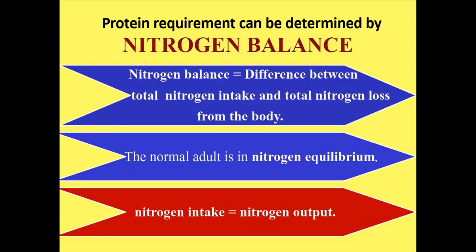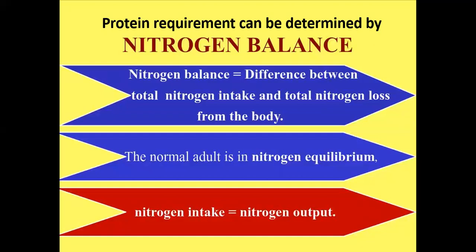In nitrogen balance, the amount of incoming and outgoing nitrogen is equal. So nitrogen balance is determined by comparing the amount of nitrogen entering the body and leaving the body.